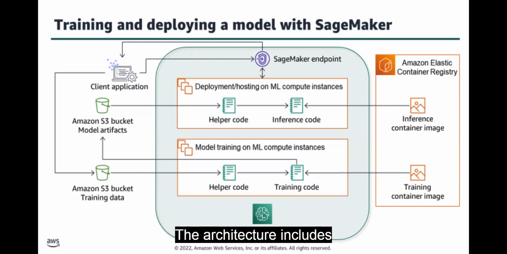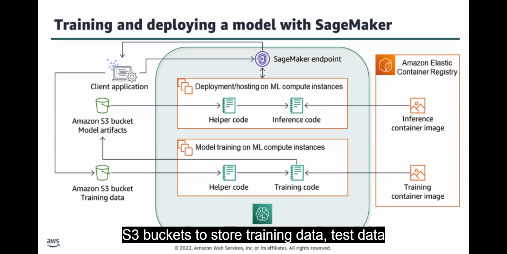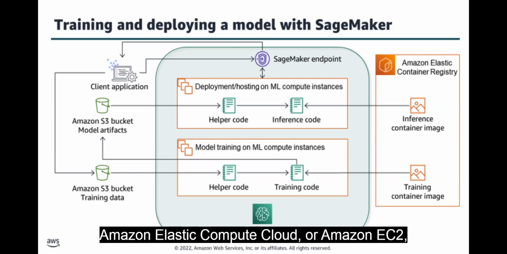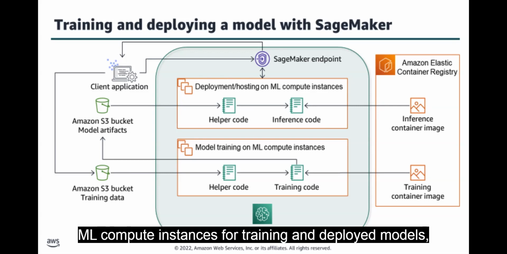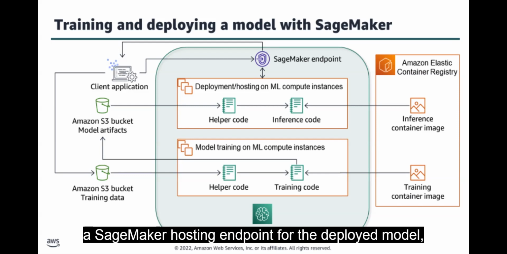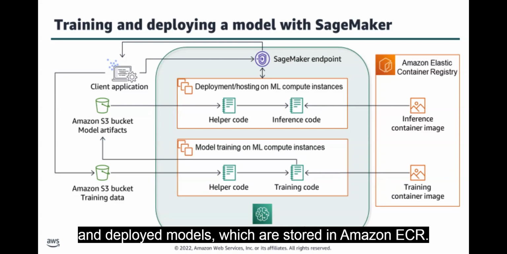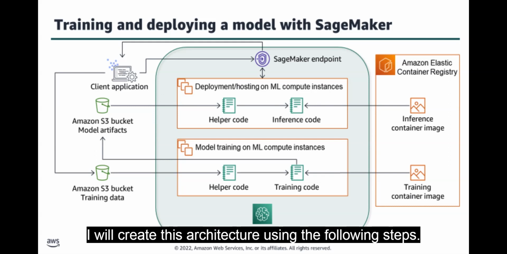The architecture includes S3 buckets to store the training data, test data, and model artifacts, Amazon Elastic Compute Cloud or Amazon EC2 ML compute instances for training and deployed models, a SageMaker hosting endpoint for the deployed model, and container images for both the training and deployed models, which are stored in Amazon ECR. I will create this architecture using the following steps.